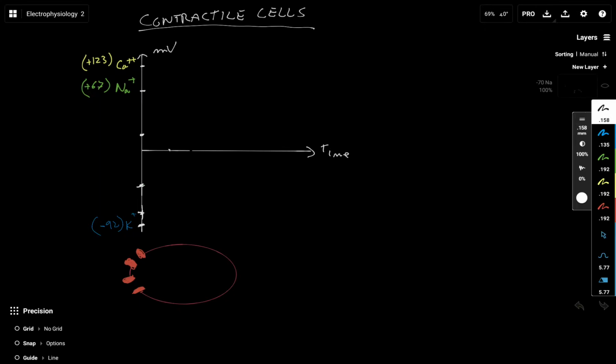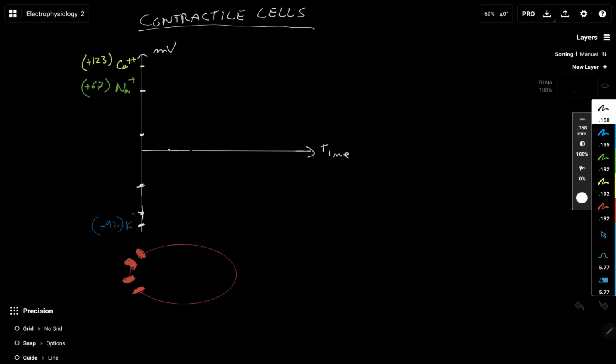So I've used the same graph as I did in pacemaker cells. I've got on my y-axis my voltage of the cells, so it is in millivolts, and my x-axis is in time, so it's going to be in milliseconds. And as a reference, I've put on our main actors in this process, which is my potassium, down at minus 92 millivolts.